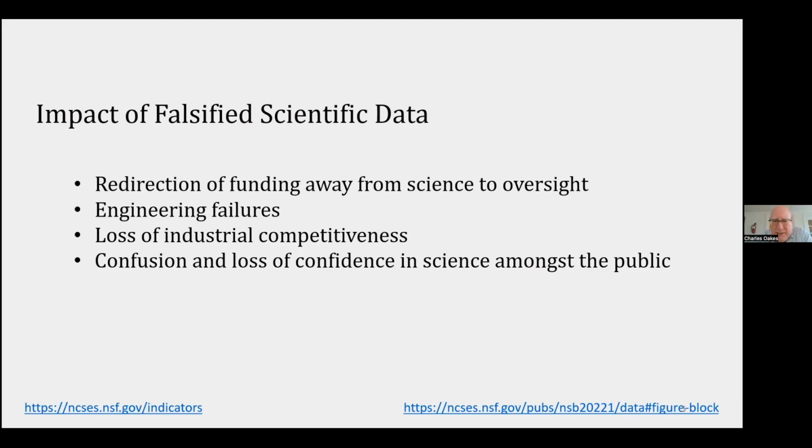And the same thing applies to countries. If you're a country and you've got a bunch of fraudsters operating in your research community, your country is wasting money and losing competitiveness to other countries that might not be as friendly to you. And finally, there's the loss of confidence in the lay public on science. And again, that is particularly evident during COVID, where you had a lot of fraudster scientists running around claiming cures and treatments for COVID.